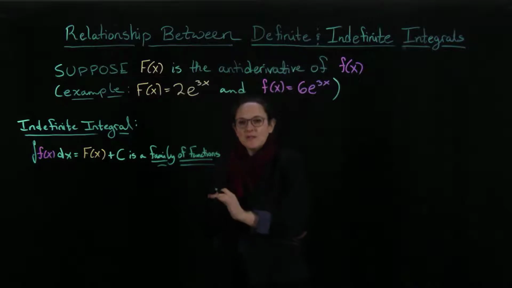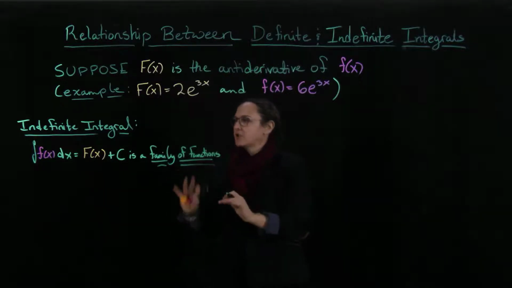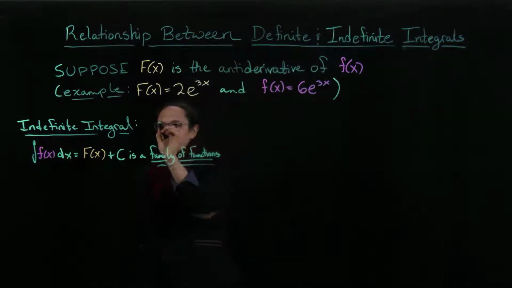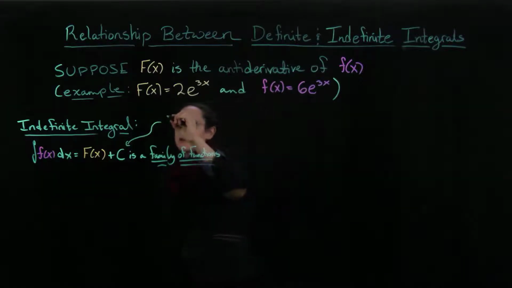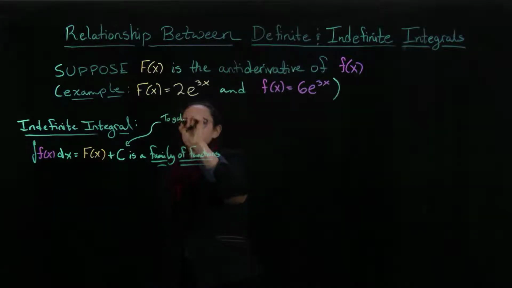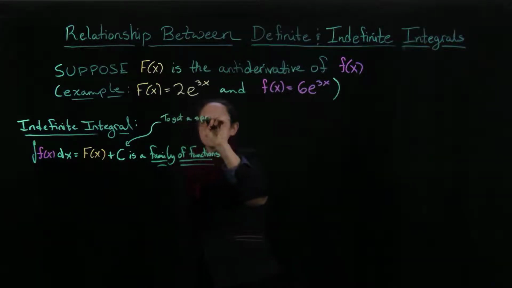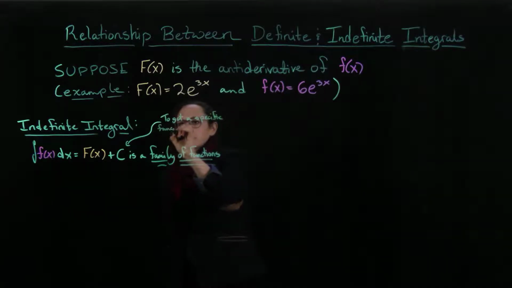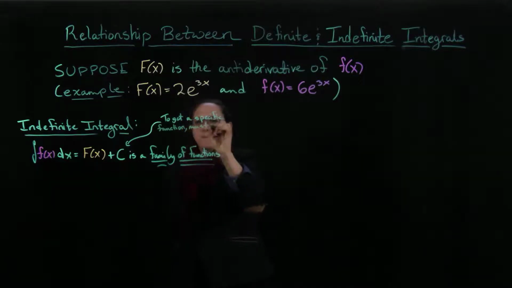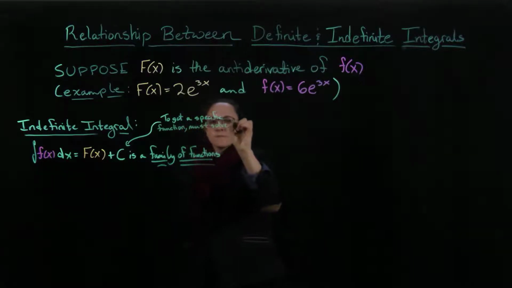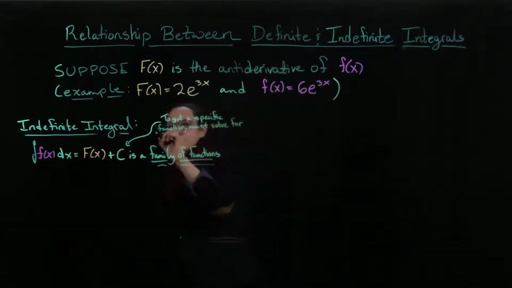If I want a specific function, I need to solve for this c, and this is where we would use initial conditions or some specific values.